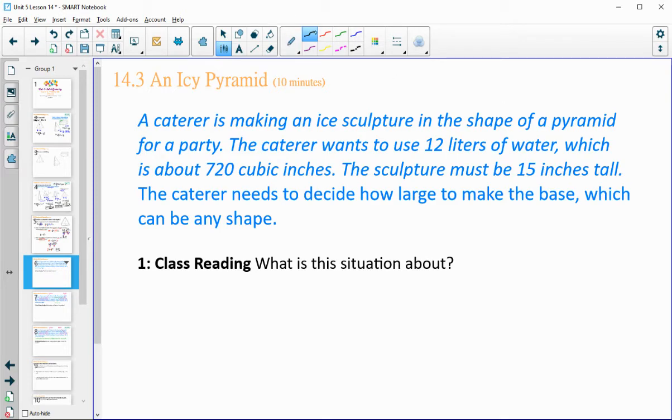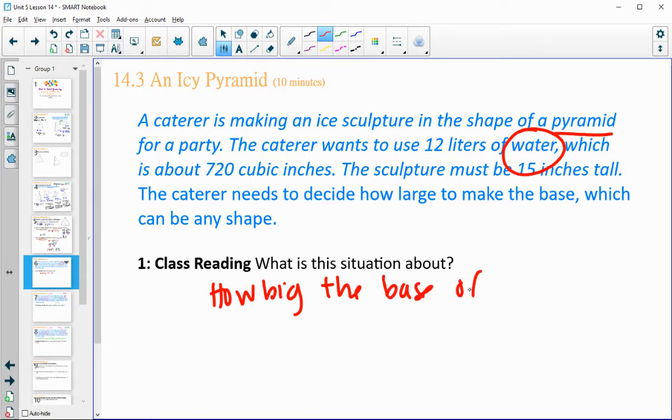It looks like it's talking about a pyramid, and then it's talking about filling it with some water, and trying to figure out how big the base of that pyramid can be, given the volume, right? So given some volume.